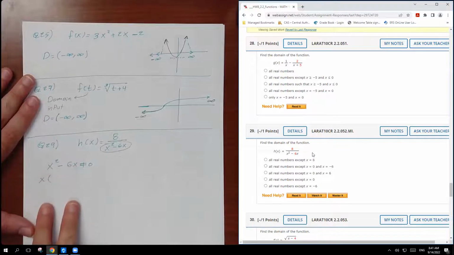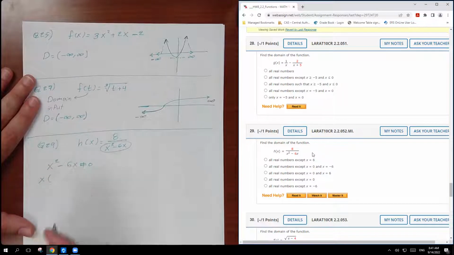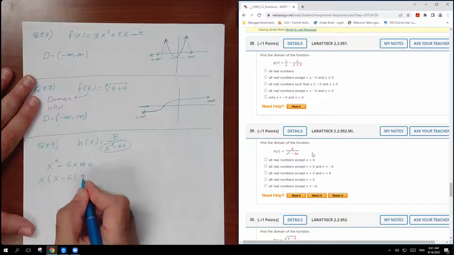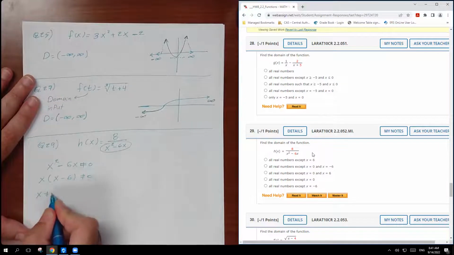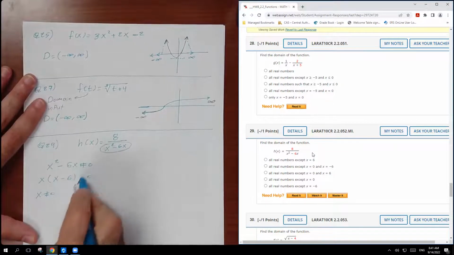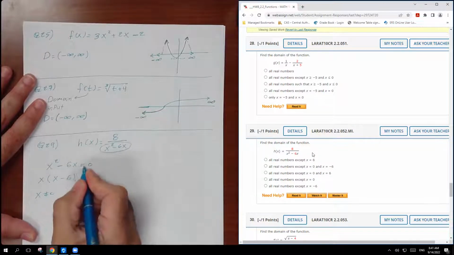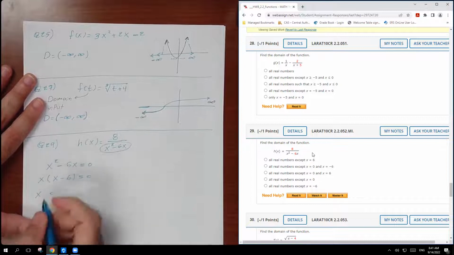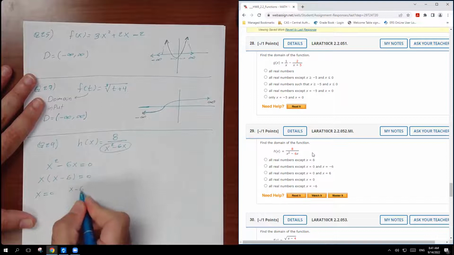So I'm going to solve this one on the side. Take the common factor between these two terms. So it's going to be x times x minus 6, not equal to 0. Now I'm going to say x not equal to 0 and solve the other side. If you want to keep it as an equal, it's fine. The main thing, solve this one. And solve the other one, x minus 6 equals 0.